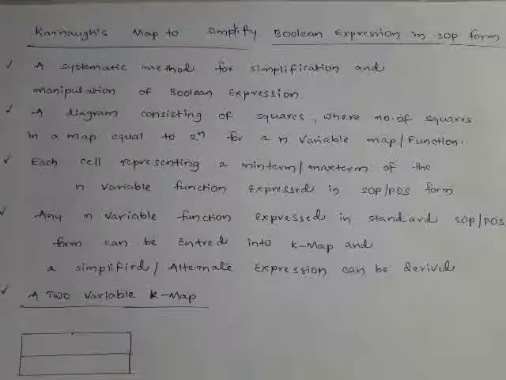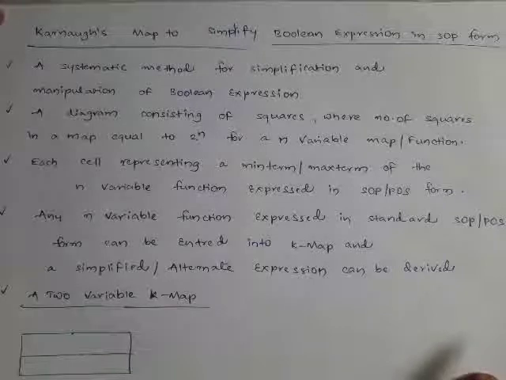The Karnaugh map, in short, is called the K-map. It's a diagram consisting of a number of squares. How many squares does the Karnaugh map contain? The Karnaugh map contains 2 power n squares when you want to represent an n variable function.